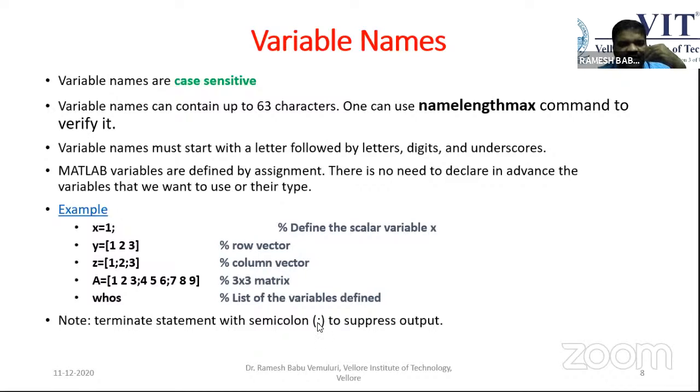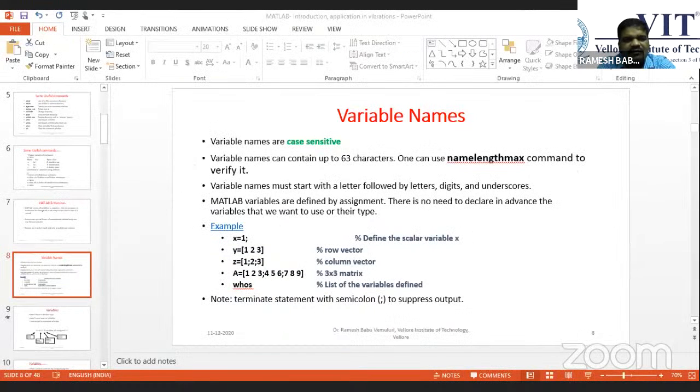Normally this semicolon is used to suppress the output. Let us say you put this semicolon at the end of any command. Then obviously it will suppress the output. Like you can see here now, A with a semicolon gives no output.